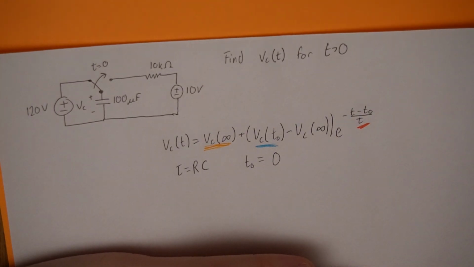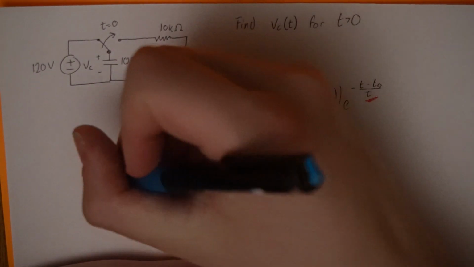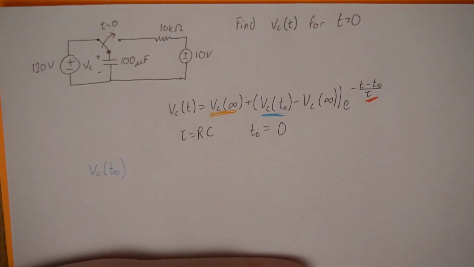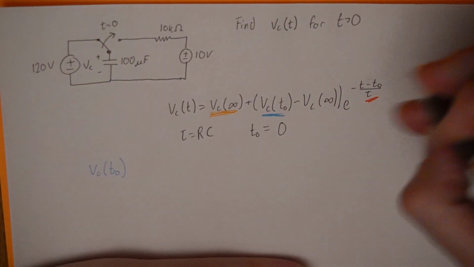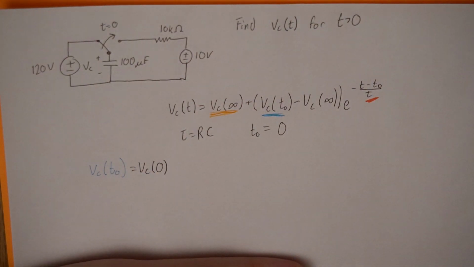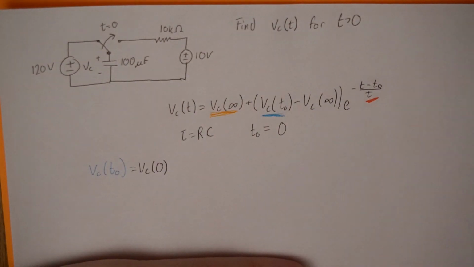So the first thing we should look for is actually the VC at T0, at my switching time, because that's the basis of the problem. VC at T0, in this case, equals VC at time 0. Now in my problem, the switch is at T0.